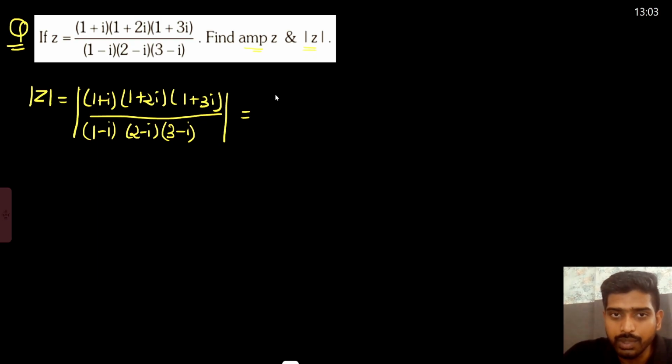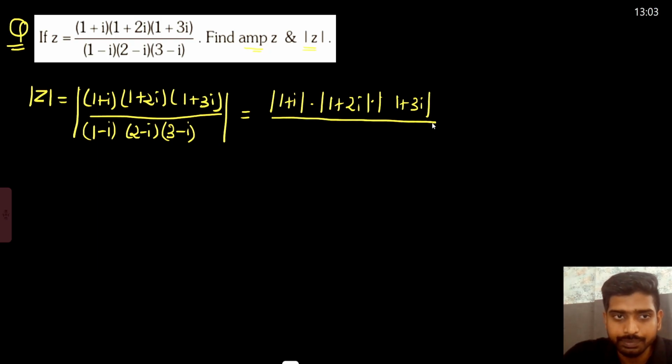So this will be equal to modulus of 1 plus iota multiplied by modulus of 1 plus 2 iota multiplied by modulus of 1 plus 3 iota divided by modulus of 1 minus iota multiplied by modulus of 2 minus iota multiplied by modulus of 3 minus iota.